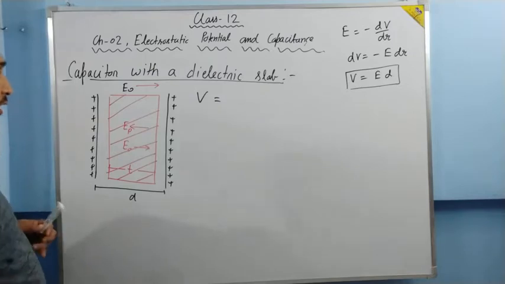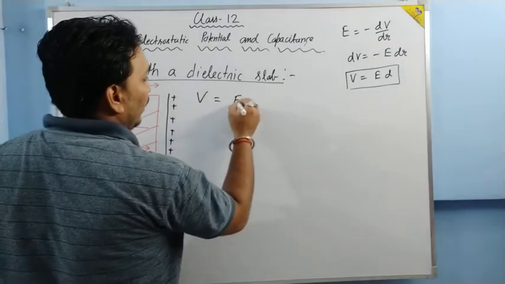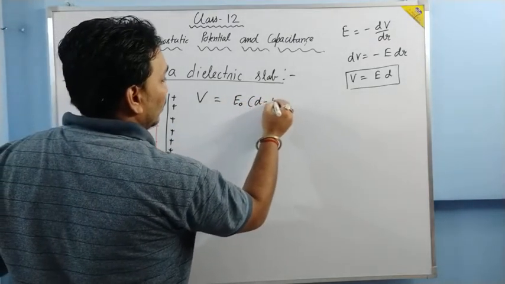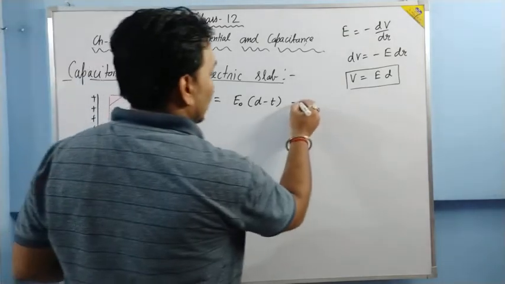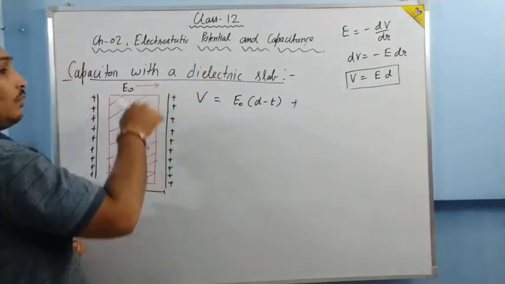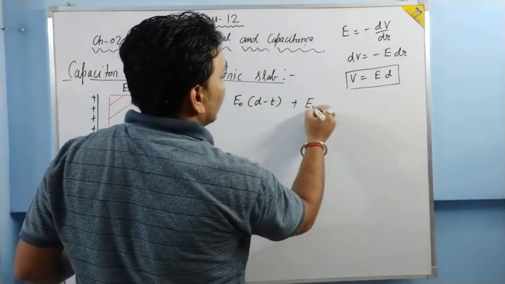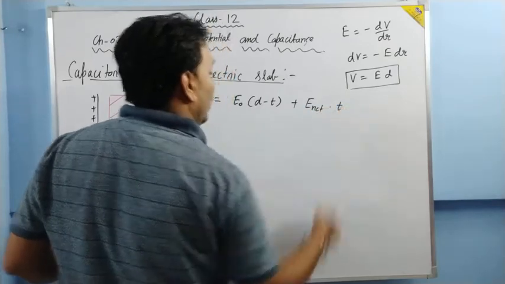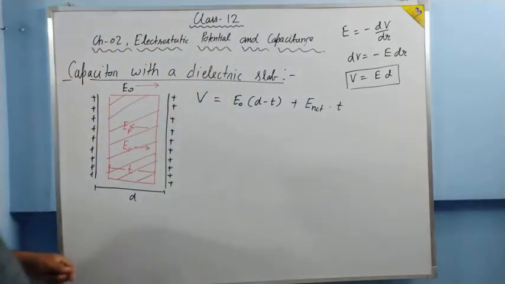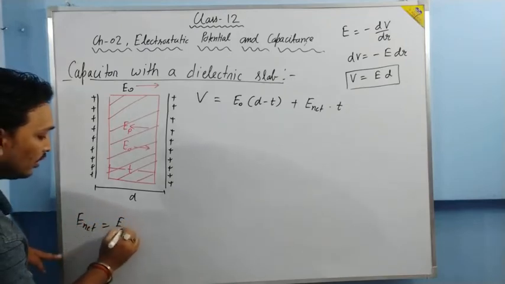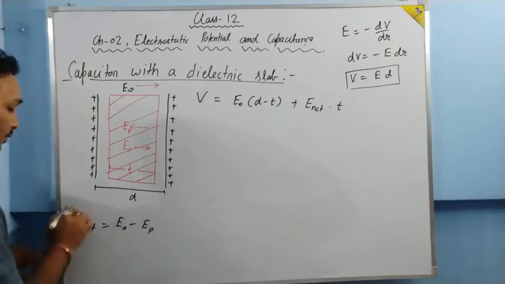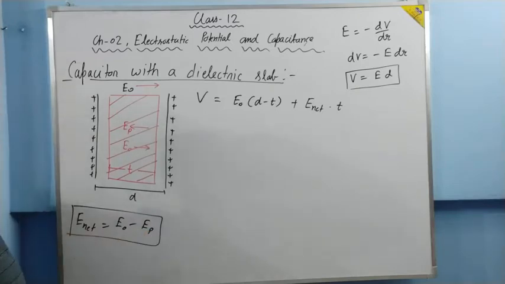So in this space, the electric field in the vacuum gives E naught into D minus T, plus, inside the slab, the net electric field is E net, so E net into T. Basically, E net is E naught minus EP. Is it clear? This is the net electric field inside the dielectric slab.